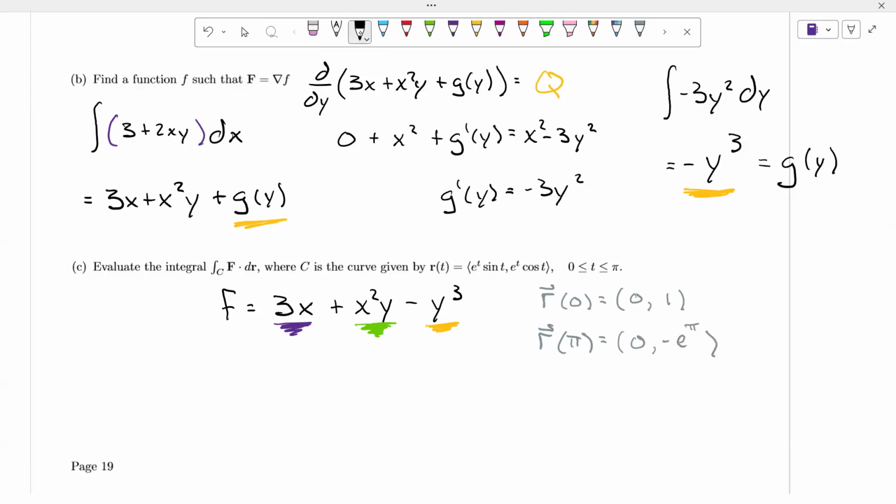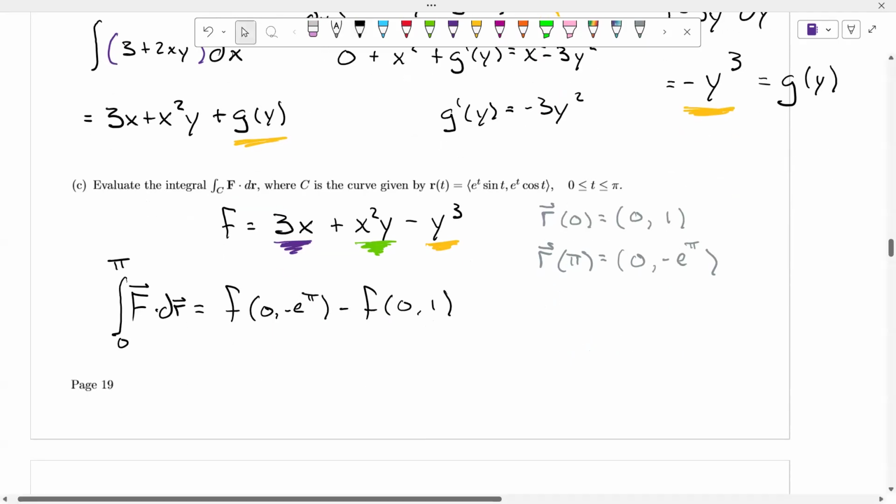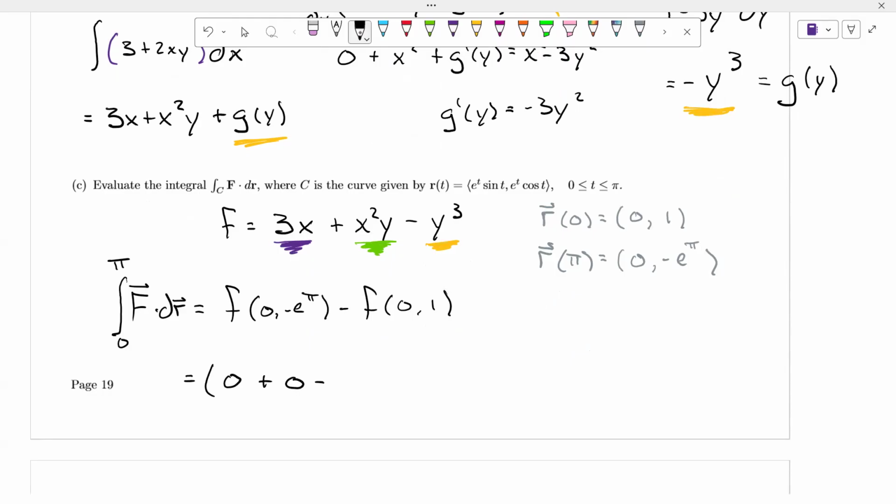So then, my integral from 0 to pi of f dot dr is just f of 0, negative e to the pi, minus f of 0, 1. And then I just plug all that stuff in. So this looks like 0 plus 0 minus a negative e to the 3 pi, since if I cube e to the pi, I'll get e to the 3 pi.